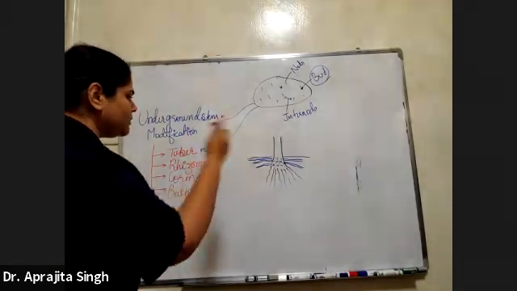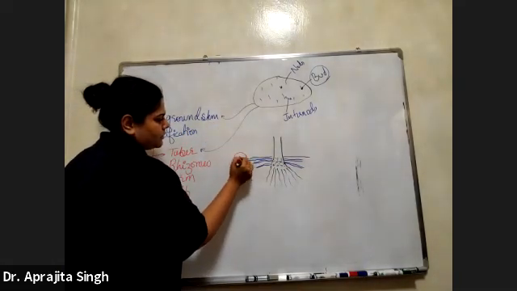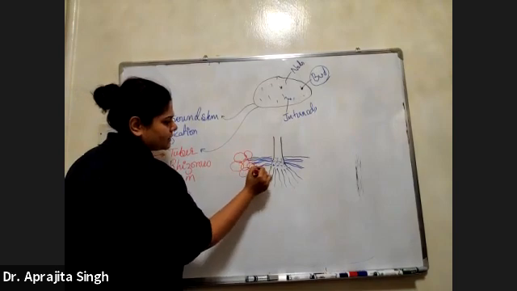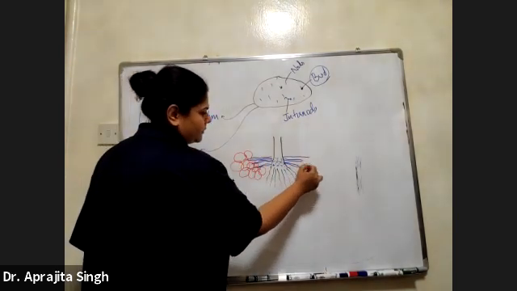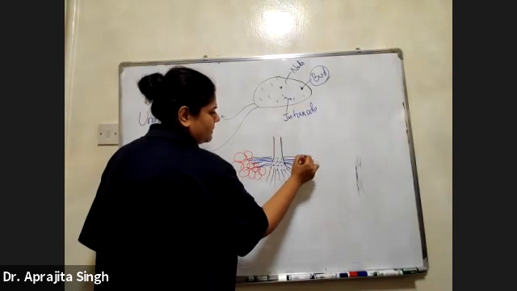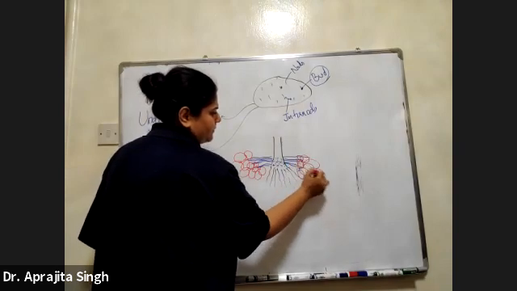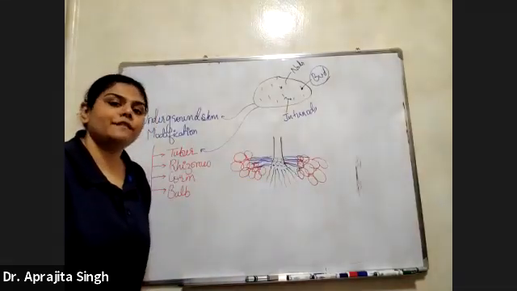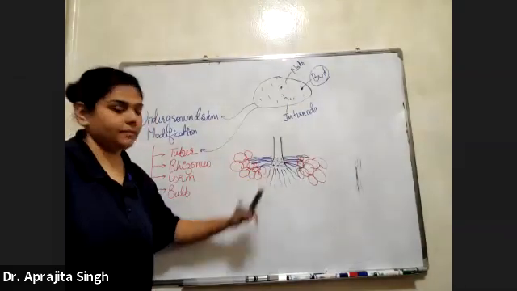And they will form groups. Potato is not single, okay? They are present in groups like this. From one plant, you can get many potatoes. And this is the modification of the stem.